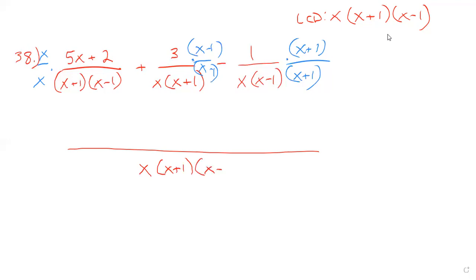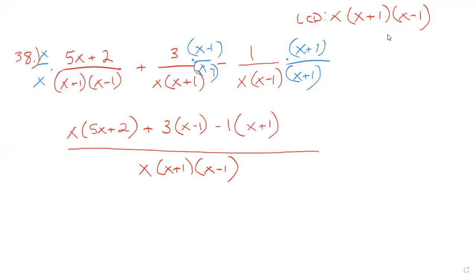I'm going to run out of room very quickly, so this is my way of keeping from running out of room. Let's write what we've got left on top. I have an x times 5x plus 2, a 3 times x minus 1, and negative 1 times x plus 1.